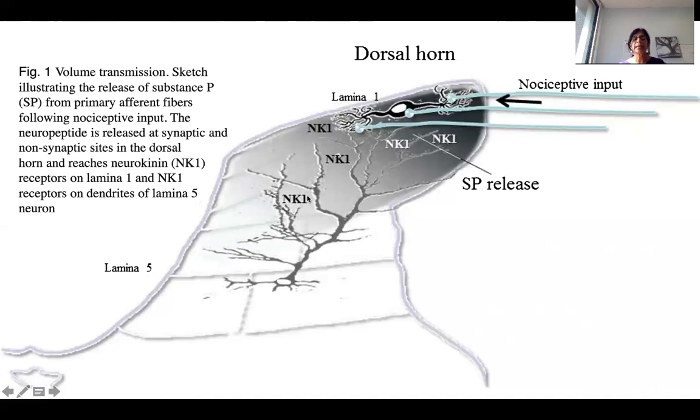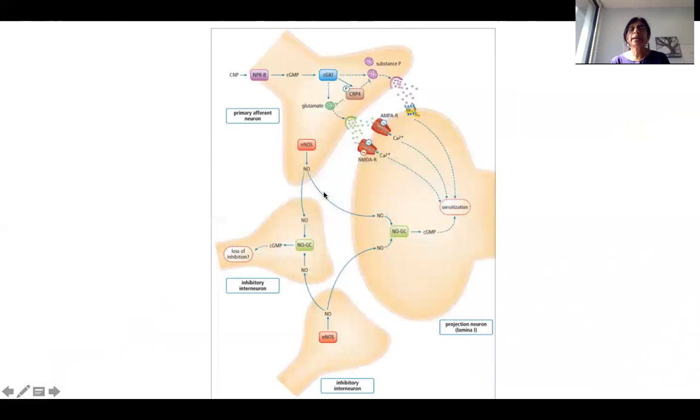So that's a really neat demonstration of how there is this release of substance P in the dorsal horn by the pain stimulus. Good. With that, let's move on to talk about another illustration here.